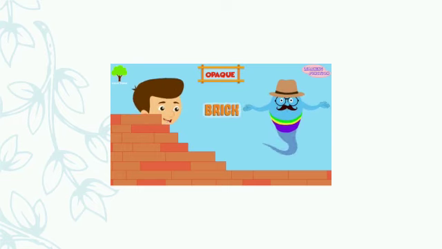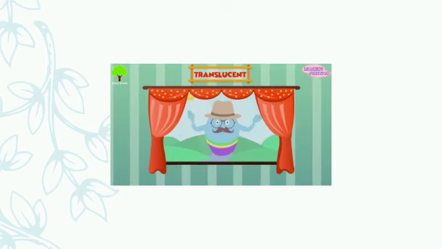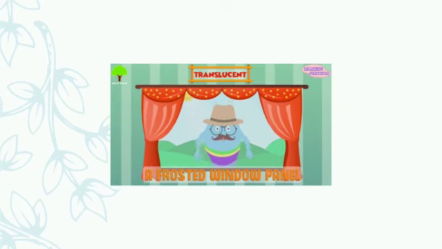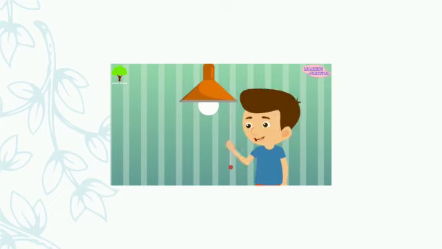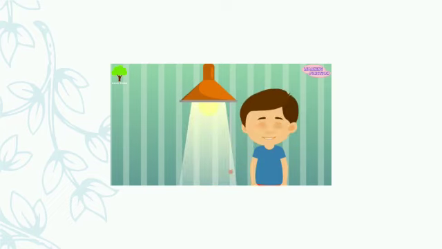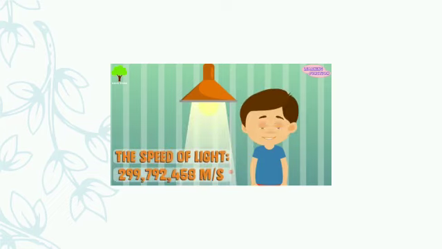Examples are brick and wood. Translucent object. An object that is cloudy and only allows part of the light to pass through is called a translucent object. For example, a frosted window panel. Light moves at the fastest known speed. Nothing moves faster than the speed of light in the universe.